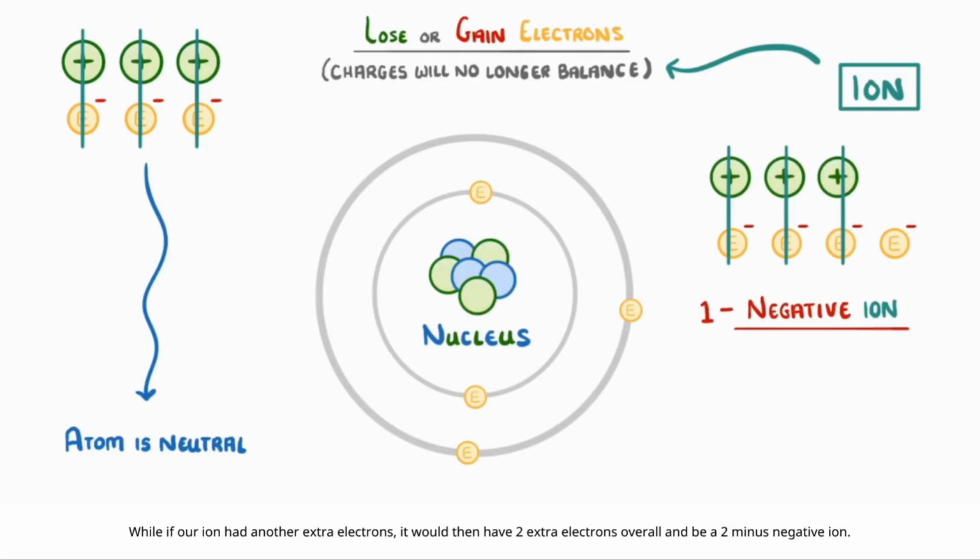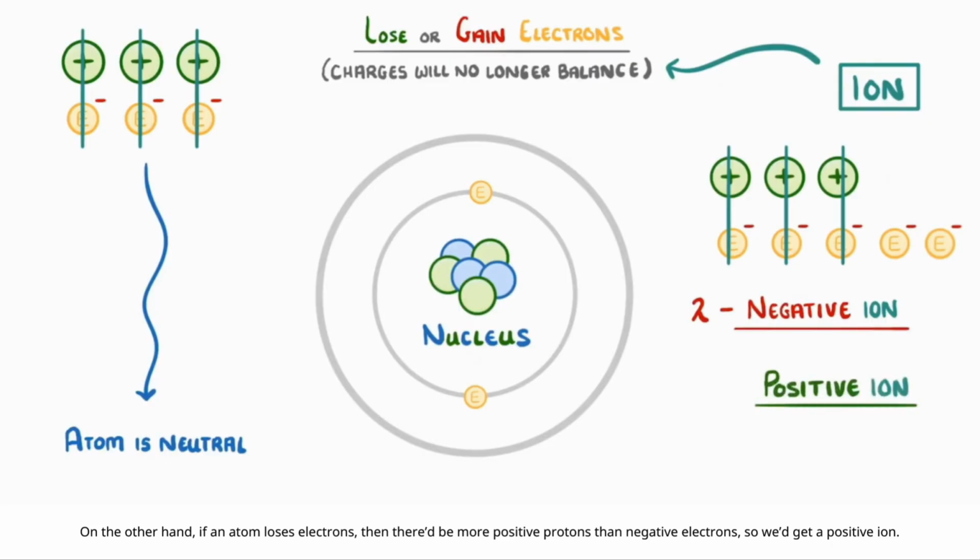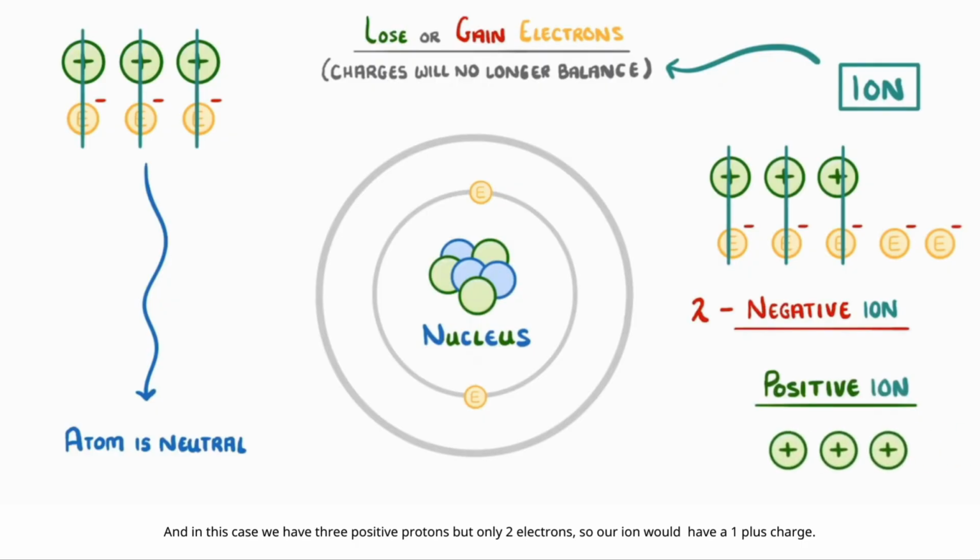While if our ion had another extra electron, it would then have 2 extra electrons overall, and be a 2- negative ion. On the other hand, if an atom loses electrons, then there'd be more positive protons than negative electrons, so we'd get a positive ion. And in this case, we have 3 positive protons, but only 2 negative electrons, so our ion would have a 1 plus charge.